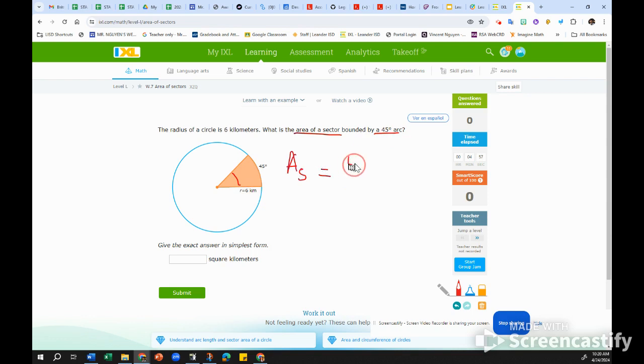So we're going to take that and divide by the whole circle, just like before, because the sector is part of a circle. It's like a slice of your pizza. Times the radius squared. So make sure you do 6 squared.